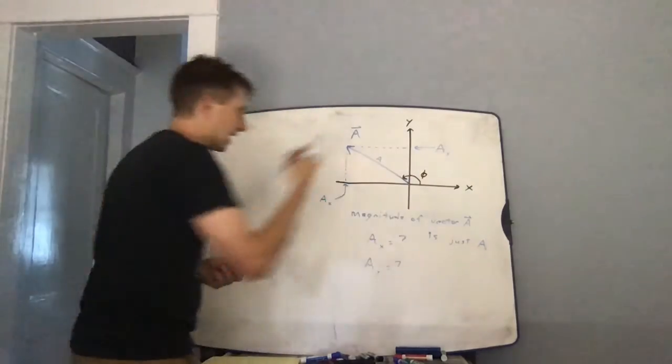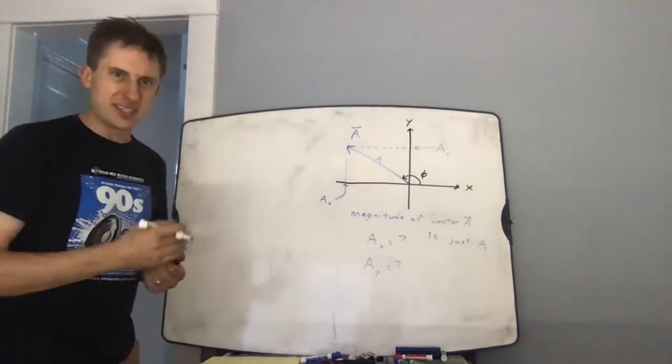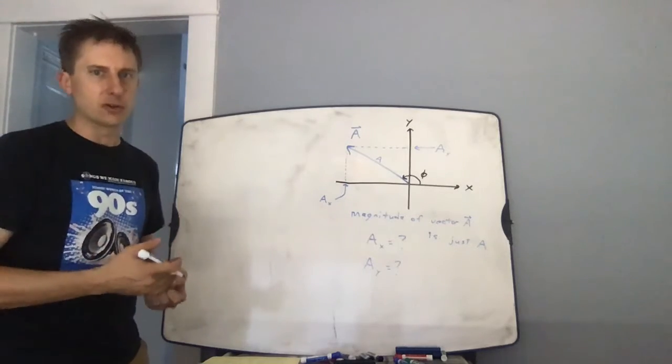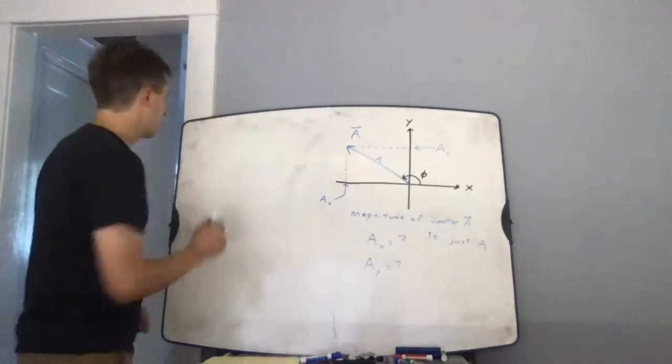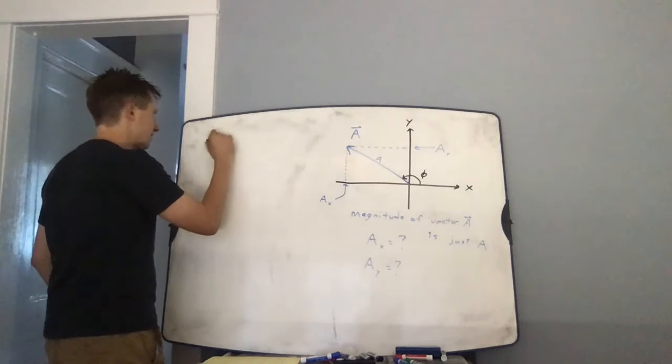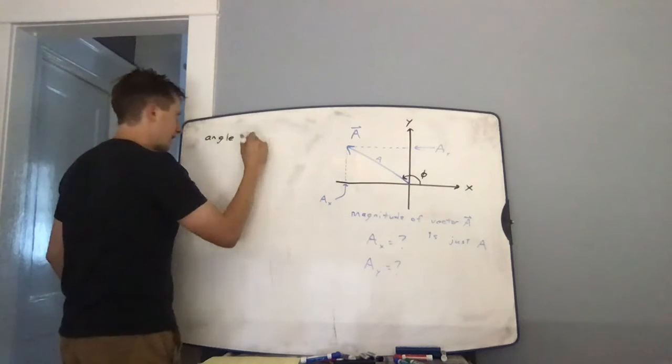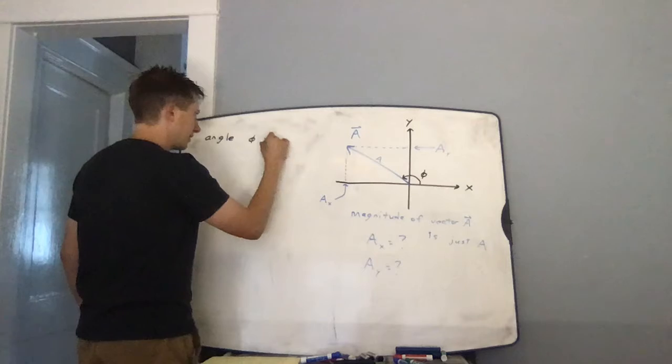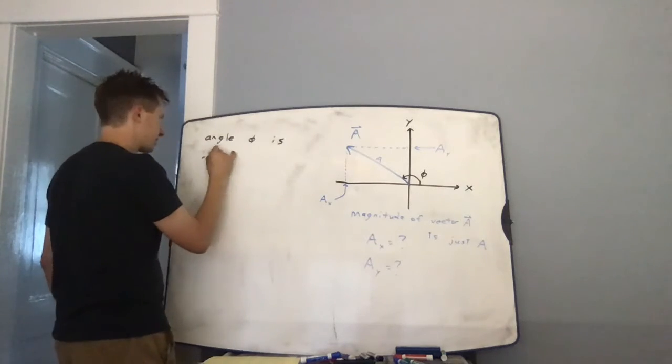I don't know what phi is, but I could clearly see that phi is going to be some angle greater than 90 degrees.